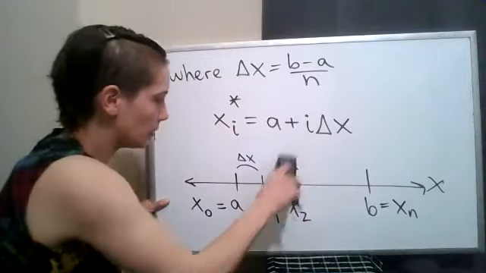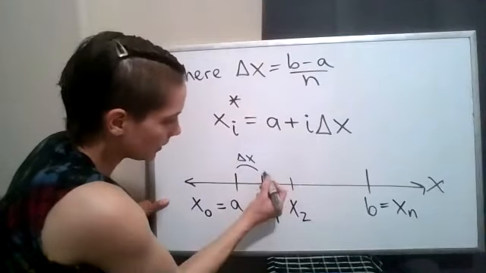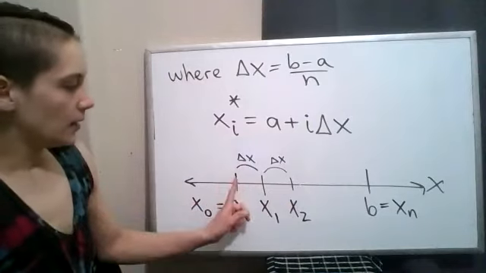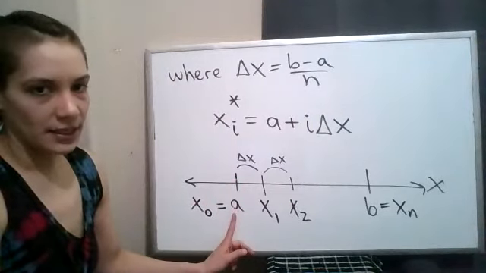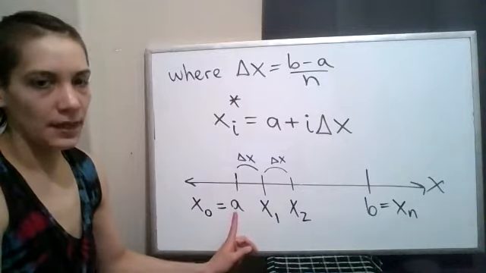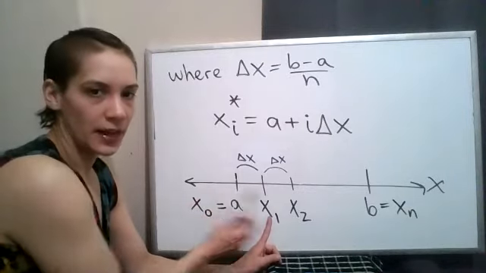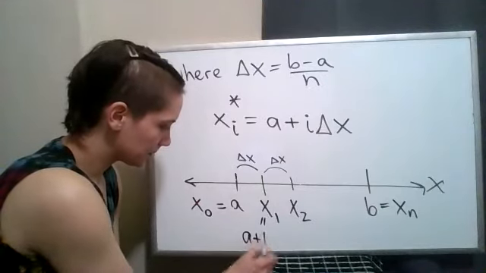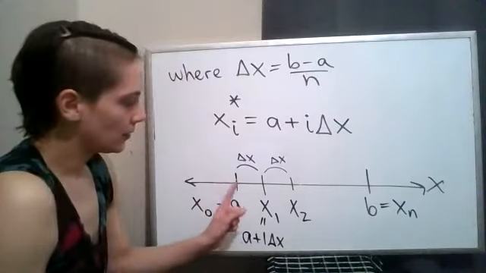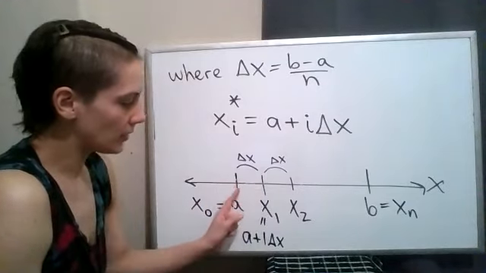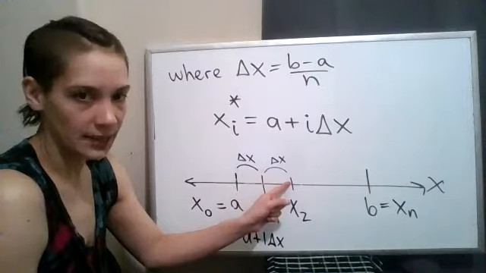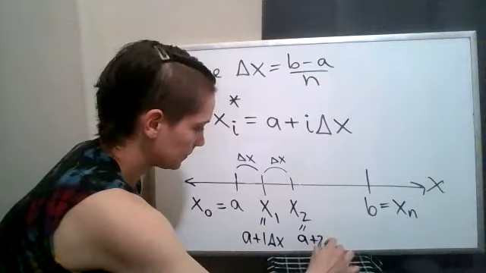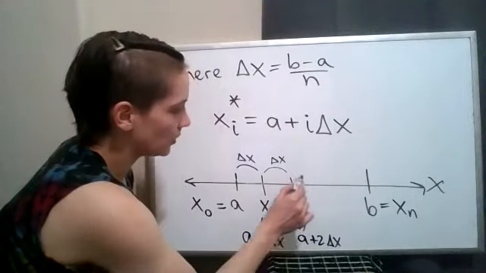Actually, I'm going to put from here to here. We're adding delta x. So this is a plus 0 delta x. This is from here to here. We've gone from a and we've added 1 delta x. From a going here and here, you have a plus 2 delta x, until you go dot, dot, dot.